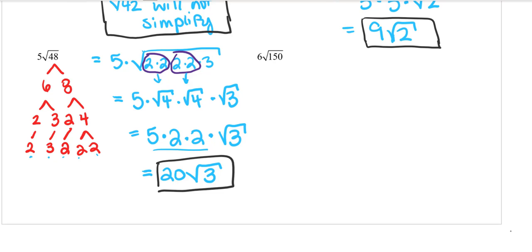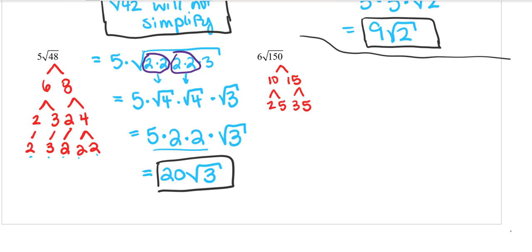So last example here for this video, let's go ahead and simplify this. We've got 6 times the square root of 150. Let's see if we can make a factor tree for 150. Well, it ends in a 0, so 10 is going to go into it. Let's do 10 times 15 to start. And then 10 will break down into 2 times 5, and 15 will break down into 3 times 5.